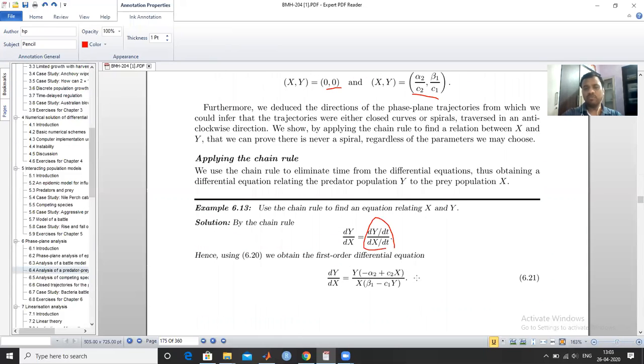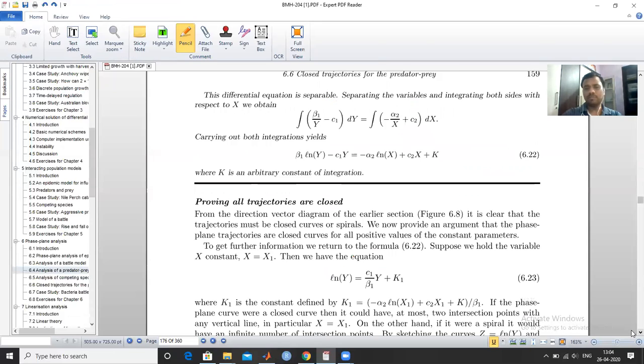If you put in the values, dy over dx will be this, and you can see this is a first order differential equation which is separable. The y terms can be separated. After separating and integrating, this will be the desired result.